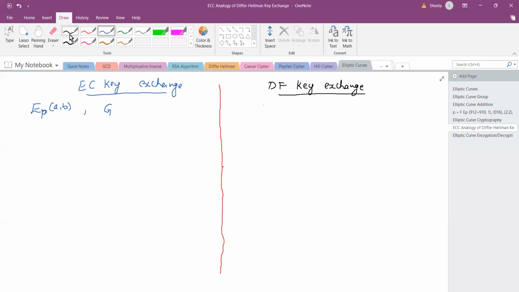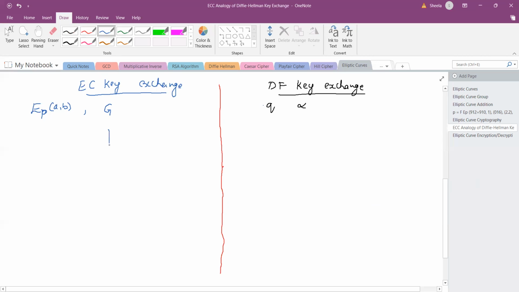In case of Diffie-Hellman, we are going to use the prime number q and alpha, which are commonly used by both the users. So this alpha is a primitive root and this is q, and similarly here we are having g and e, that is known for both the users.